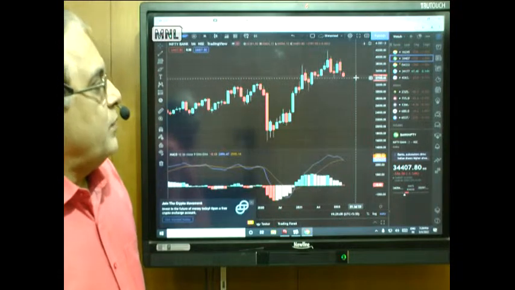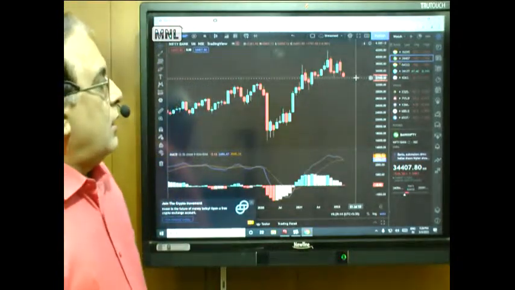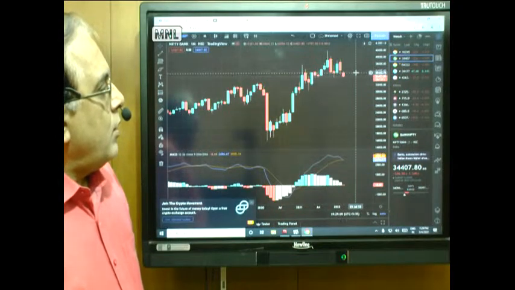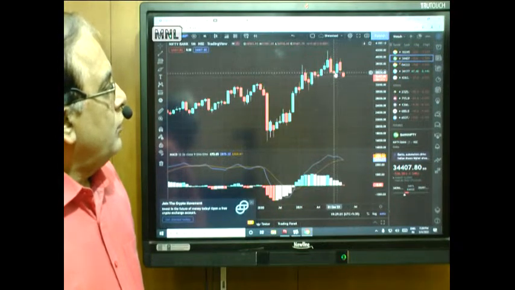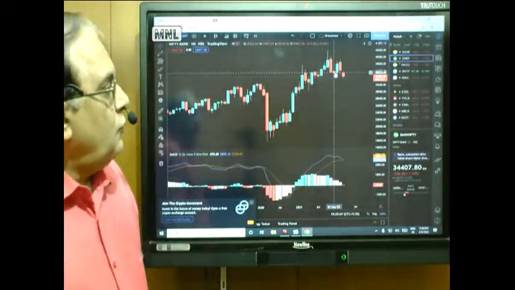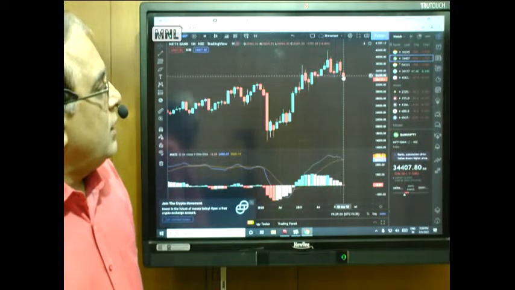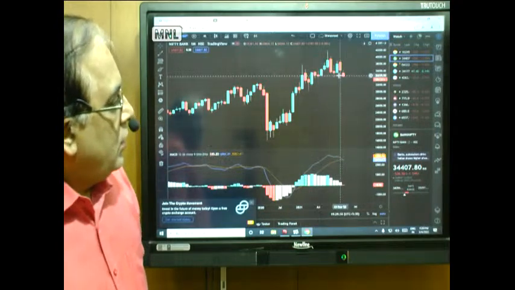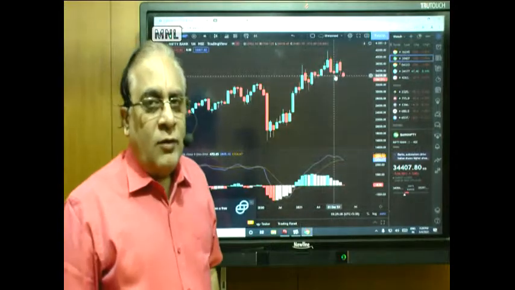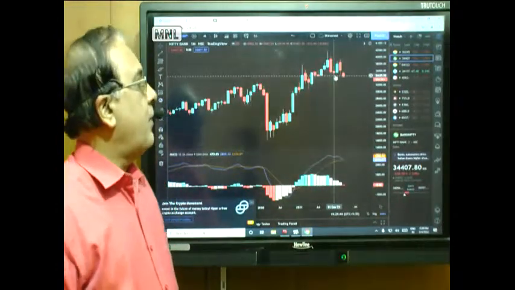So this is almost on the verge of breaking, right? There's a chance that this could probably break. This is the lowest close, so we need a monthly close above 35,481 for the downside view to get negated. Now it's 34,407. So we need a close above 35,481 on a monthly basis. Otherwise, we are on the downside as things stand.